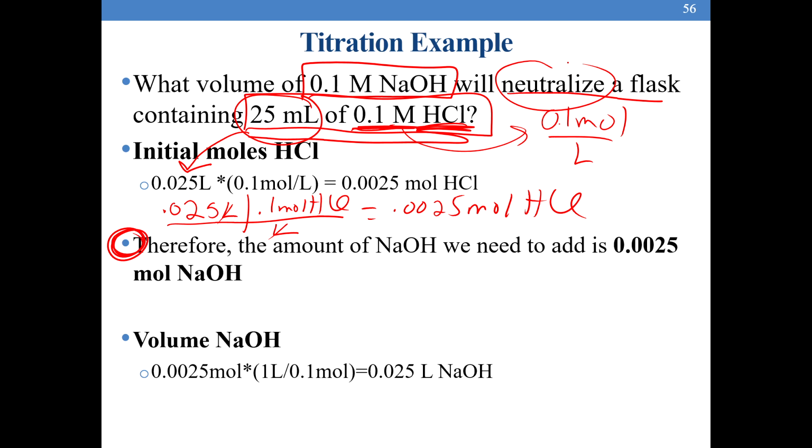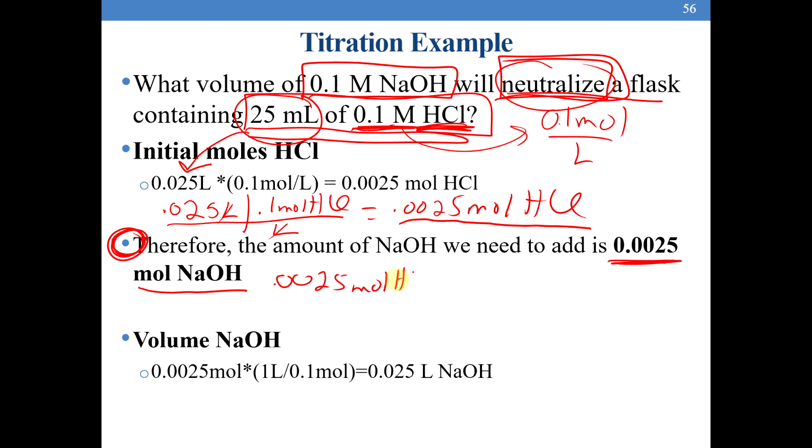I get to say, because I started with 0.0025 moles of HCl in the flask, when the whole thing reaches the equivalence point, I will have 0.0025 moles of NaOH, okay? If you actually had the balanced chemical reaction, you could do an actual conversion, but you would literally just be multiplying by, for every 1 mole of acid, I've got 1 mole of base. If you wanted to see the math on that, you could do this.